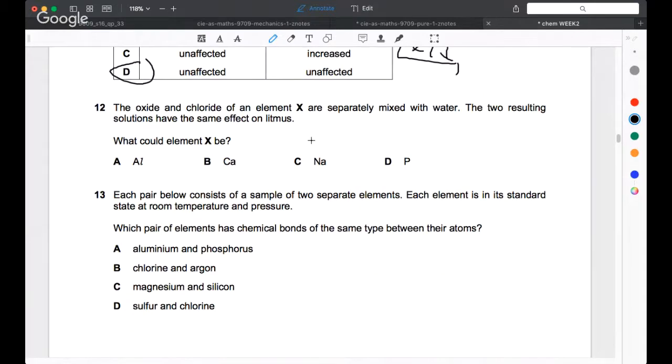Two resulting solutions have the same effect on litmus. So what does this statement imply?